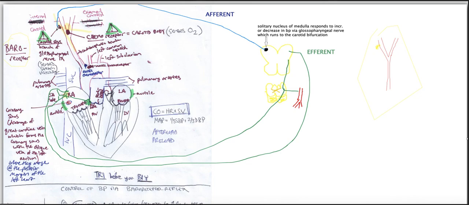So the carotid sinus senses stretch visceral to the internal carotid via the glossopharyngeal nerve, which is connected to the solitary nucleus of the medulla by the afferent nerve fiber, which stimulates sympathetic efferent firing to increase the blood pressure.